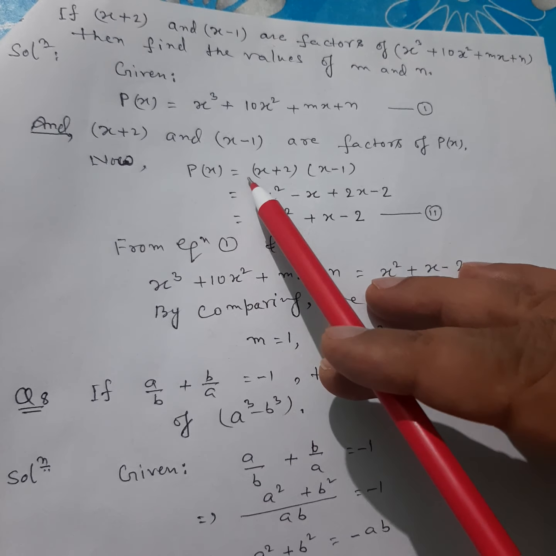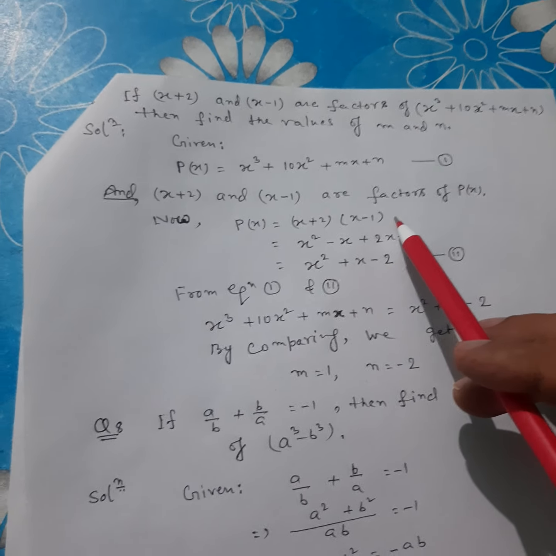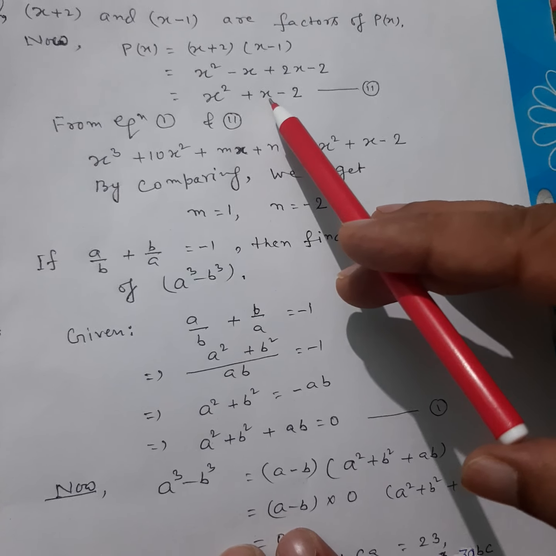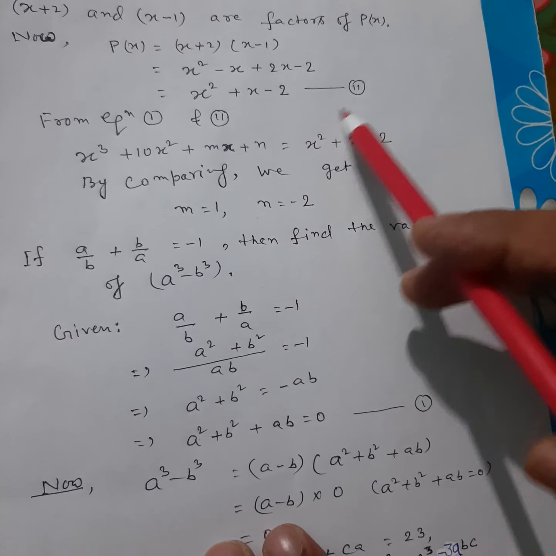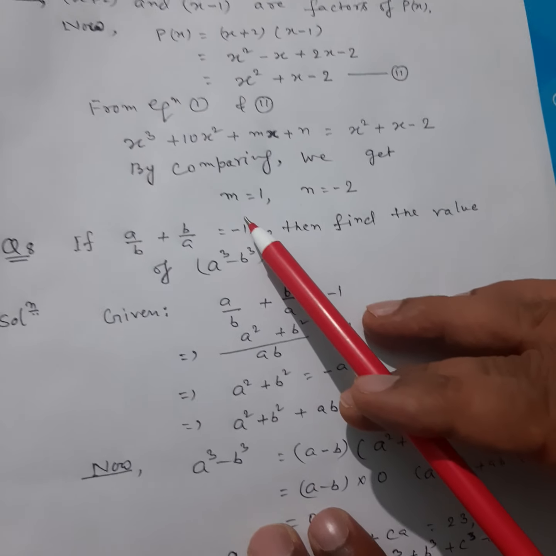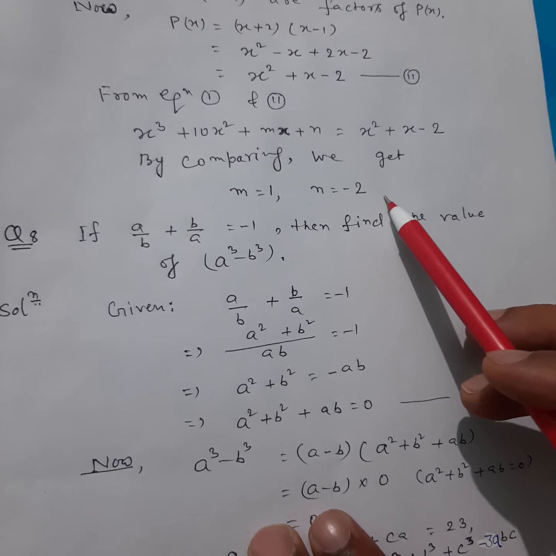So p(x) is also written in the form of (x + 2)(x − 1). By multiplying we get x² + x − 2. From equations 1 and 2, equating both sides, and finally by calculating we get m = 1 and n = −2.